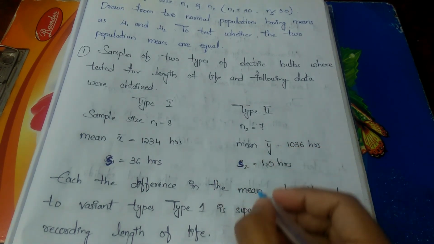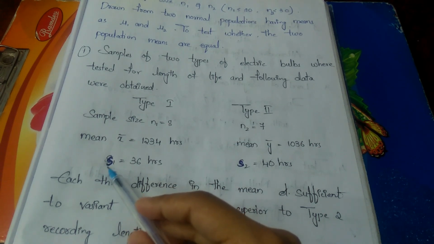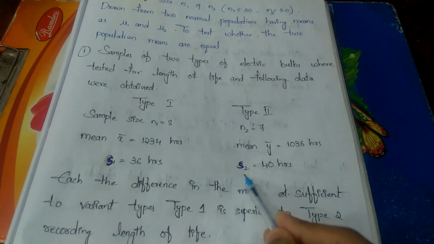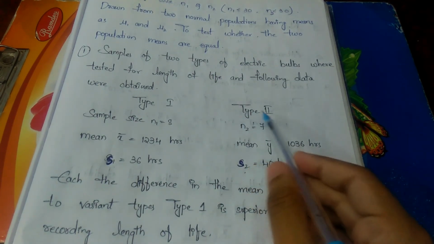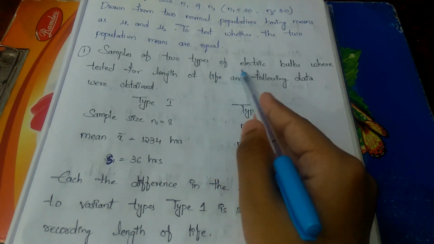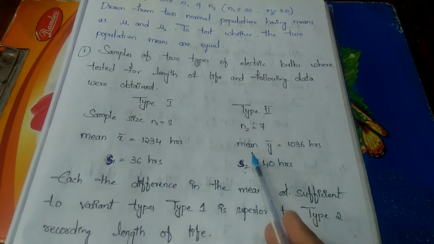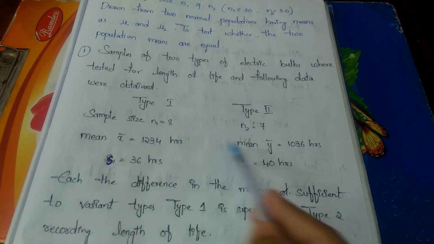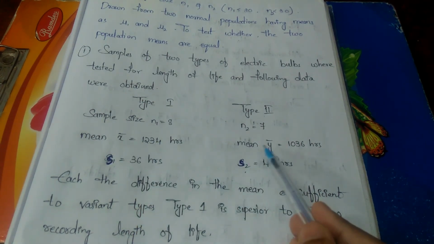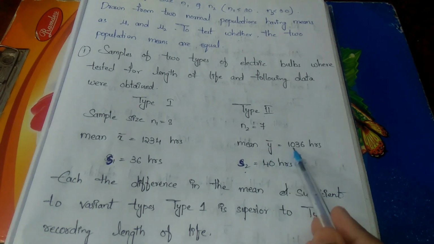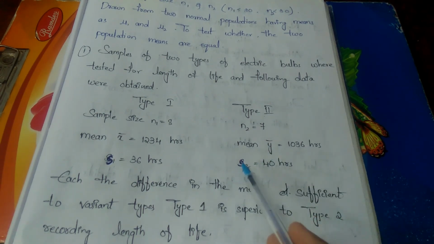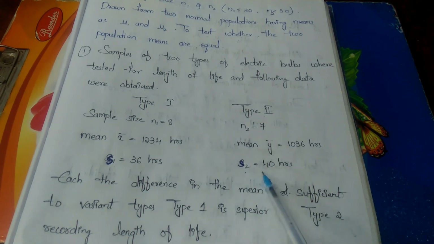So it's better to take small s1 and small s2. The second type of electric bulb has sample size n2 equals 7 and sample mean y bar equals 1036 hours, and the standard deviation of this second type is 40 hours. So this is the given information.